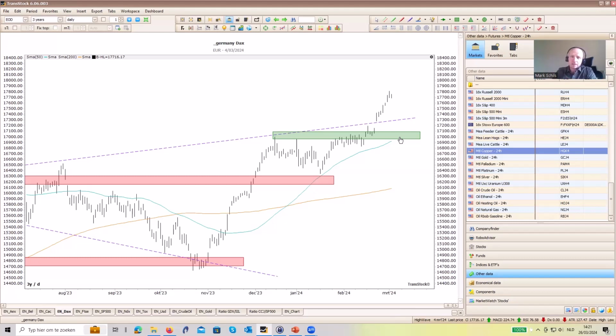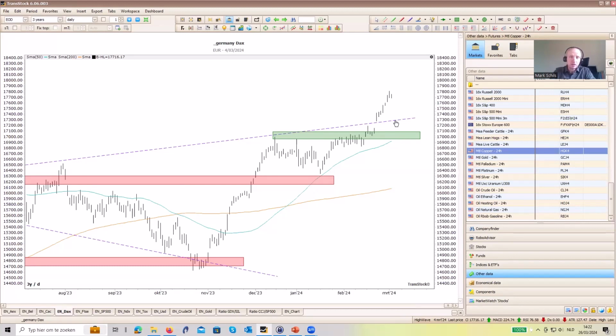I would say the 17,000 number, a very nice rounded value, is for someone looking at short-term investing a really important zone.